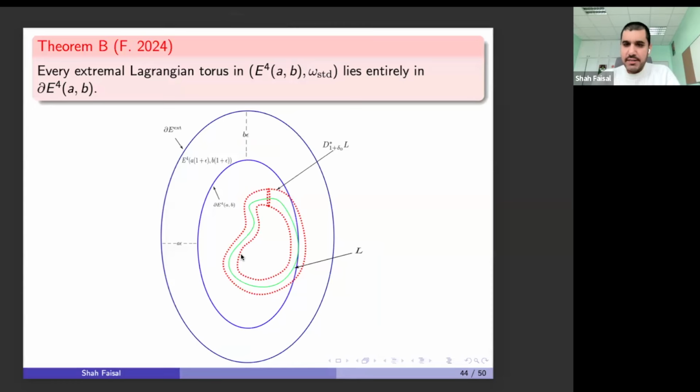Okay. So I quickly describe the strategy for this second theorem. I follow a somewhat similar argument. I take my Lagrangian L, which intersects the boundary, but also goes to the interior. And then I extend my ellipsoid by some gap epsilon.